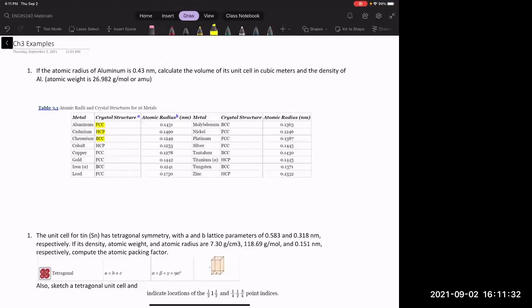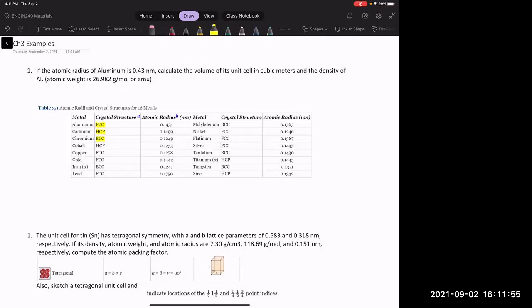If you know the structure and what element you have, you can look at a table to find the density. But can we find the density based on a basic understanding, without looking at the table? The answer is yes, and here we're going to show you how you can do that.